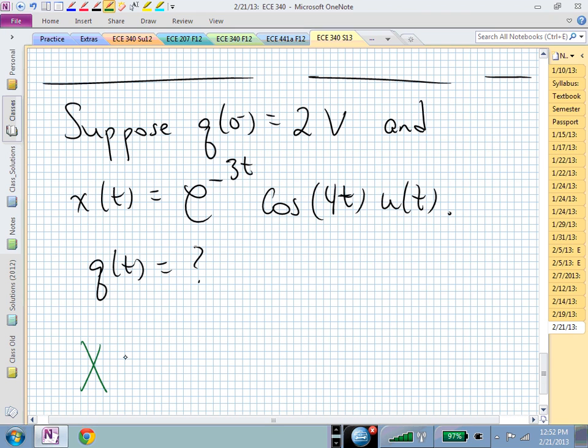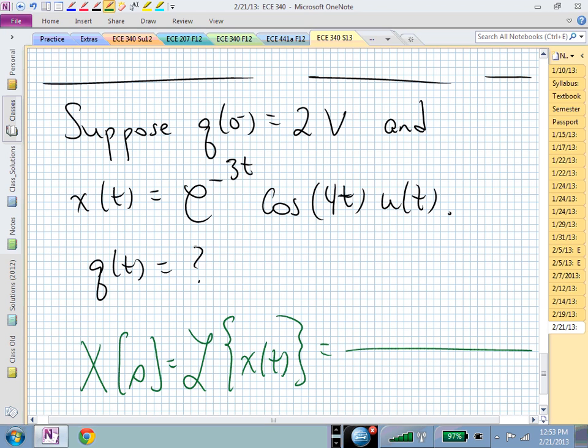What is capital X of S? Do you remember your Laplace transform of damped exponentials, or exponentially damped sines and cosines? The damping gives us this shift in frequency.